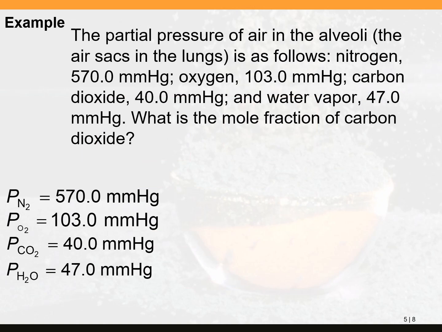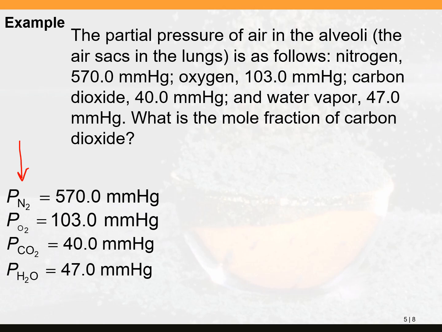As an example, let's calculate the mole fraction from given pressure data. We're given the partial pressures of all the gases in a person's lungs: nitrogen, oxygen, carbon dioxide, and water. Each has its own partial pressure.